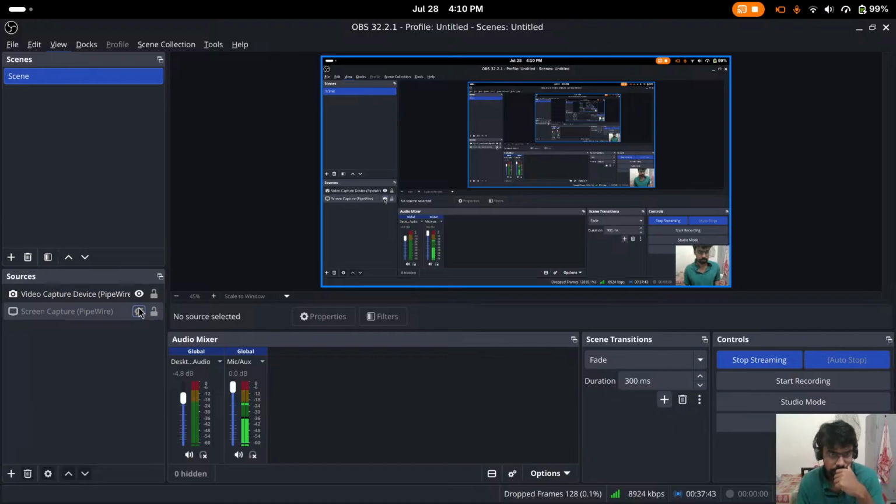VGG16, right? So what I understand is that VGG16 has 3x3 convolutions with 64 kernels.